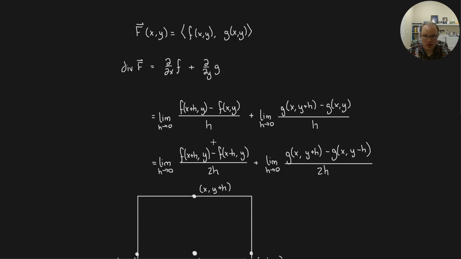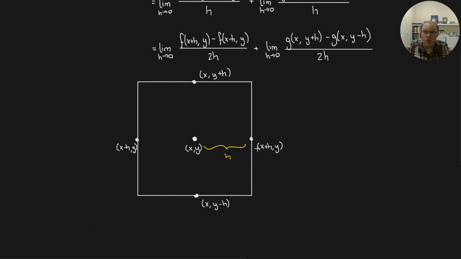Function f is the x component of my vector field, so it tells me how that vector field changes left and right. We're thinking about this as a positive value, so we're measuring how much the vector field is moving in that direction. If f of x plus h, y is positive, then we're measuring that direction. If it's negative, it would be the other direction.